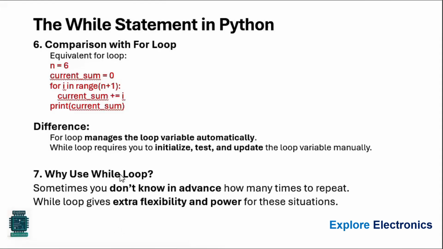And let us see why we use the while loop. Sometimes you don't know in advance how many times to repeat the execution. If you know exactly how many times you have to repeat, then go with the for loop. If you don't know, follow the while loop.